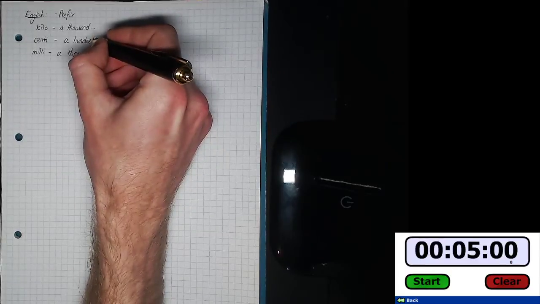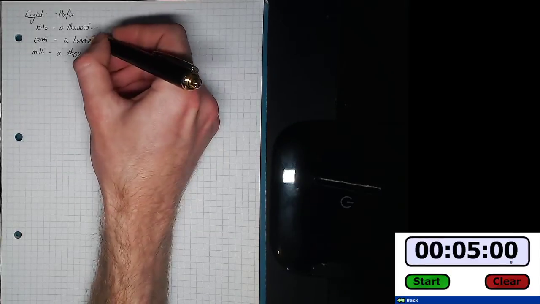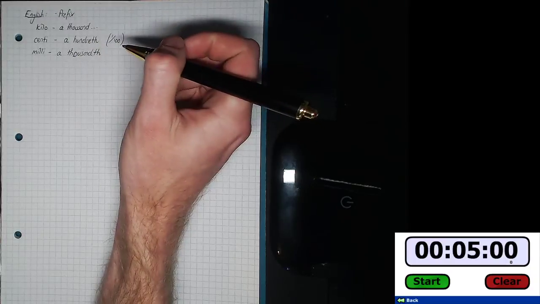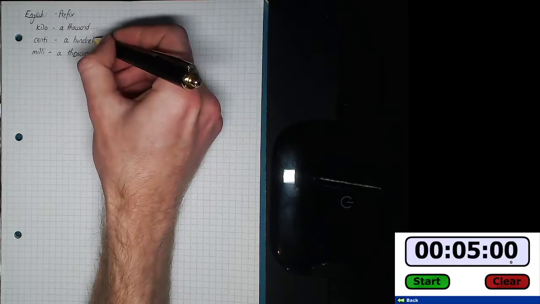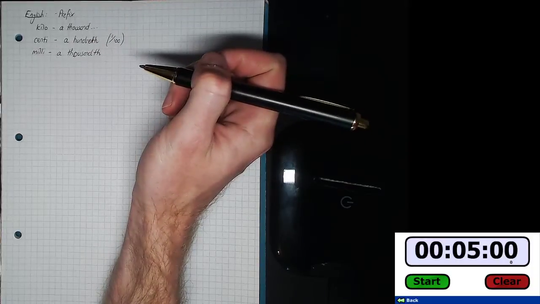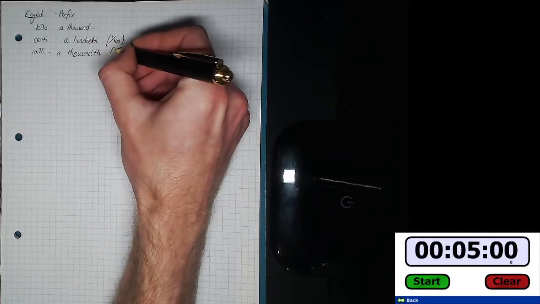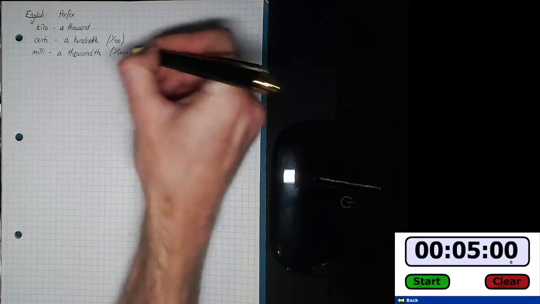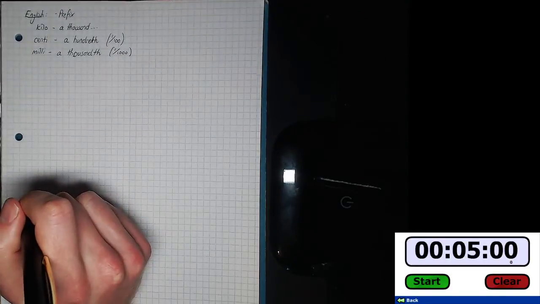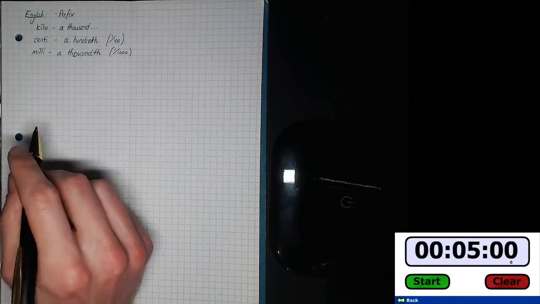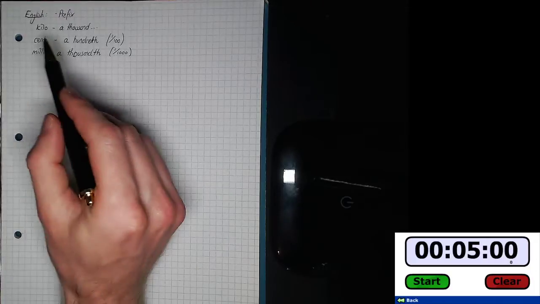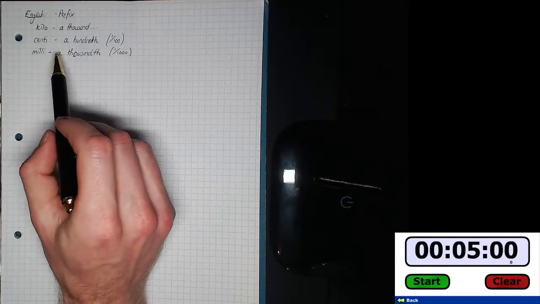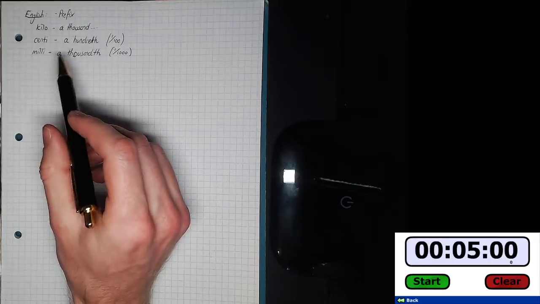I've got a feeling that there should be a D in there. 100th. 1,000th. Yeah, I think there should be a D in there. Anyway, 1/1,000. Okay. So we've got different prefixes depending on how much of something we want to talk about.